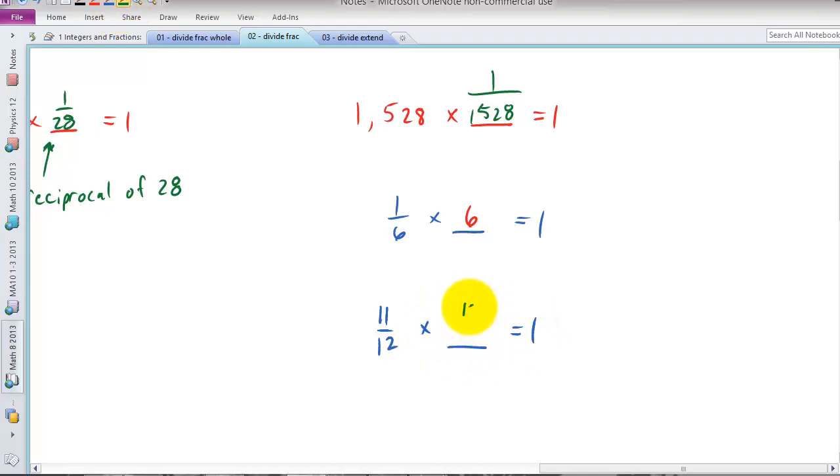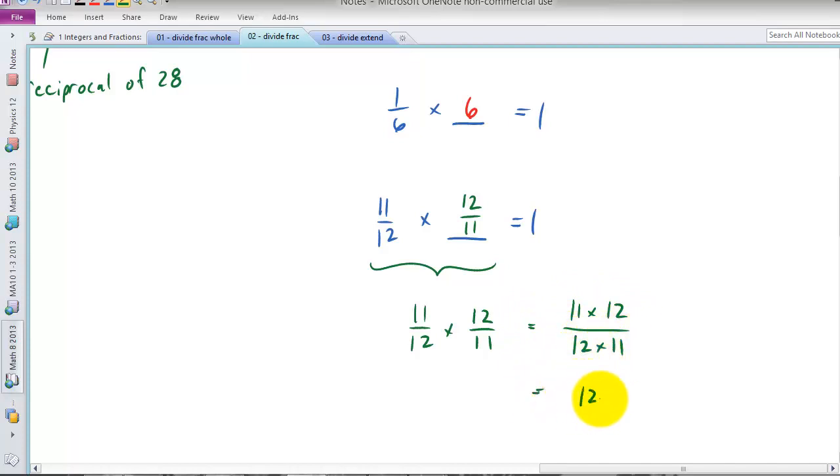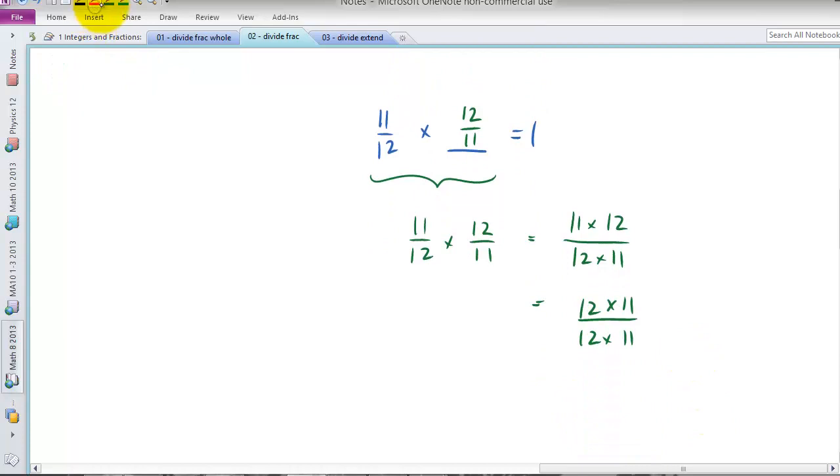I would say that is 12/11. And we can prove this idea with 11/12 times 12/11. We can rewrite that, and we can see these all cancel out, and we're left with 1. So that's the idea of a reciprocal.